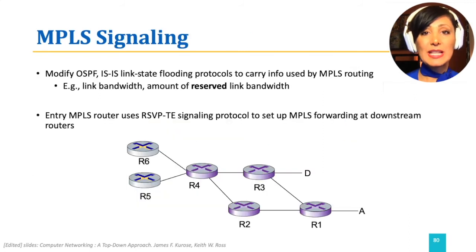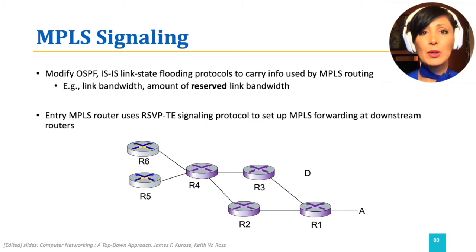To enable these properties, OSPF, ISIS, and other routing protocols are extended to include MPLS routing information. This could include information like link bandwidth, amount of reserved link bandwidth, and other required information for MPLS-enabled routers.